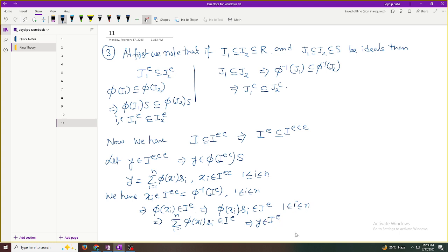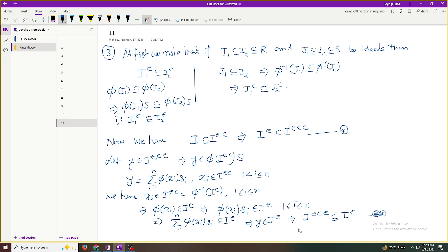So this is one, I should write star. This implies I extension contraction extension is a subset of I extension. This I should write double star.